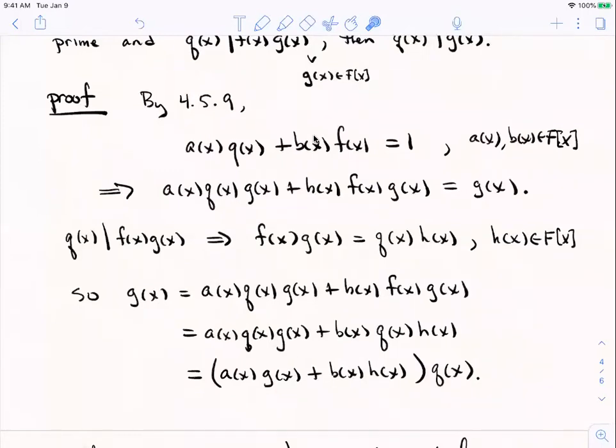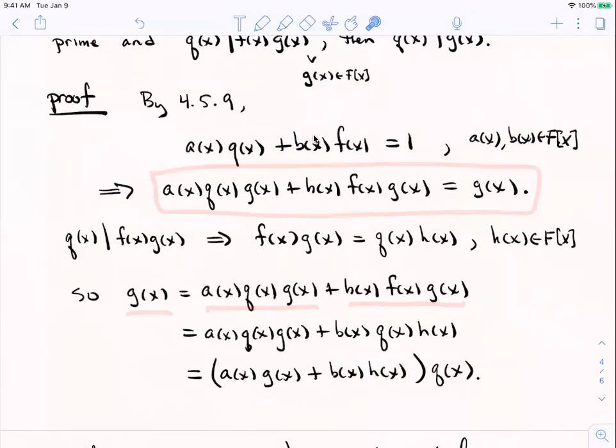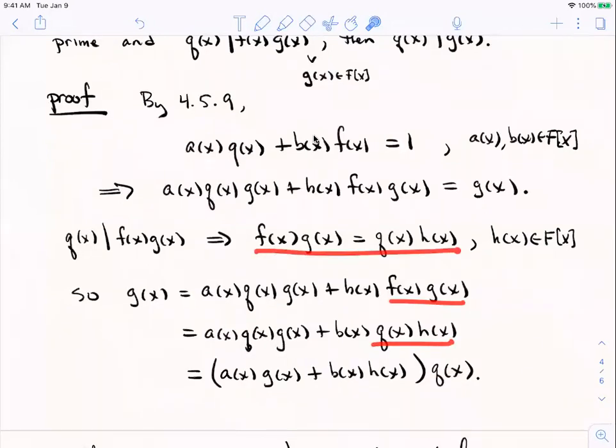I'm just taking this expression and rewriting it the other way. So g is equal to aqg plus bfg. But then I'm going to replace the fg with q times h, because fg is q times h. It's written right there.